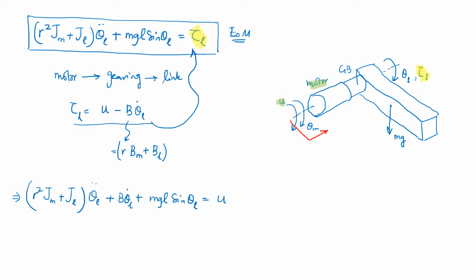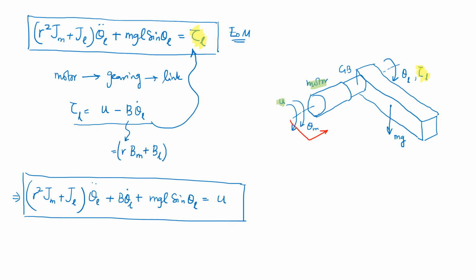And now this is the equation that we can use to have insight of how the motor is behaving, or how that input provided by the motor is translated all the way, incorporating all the components in the middle. So this is going to be the updated equation of motion.